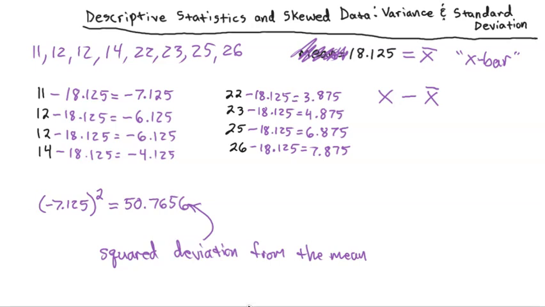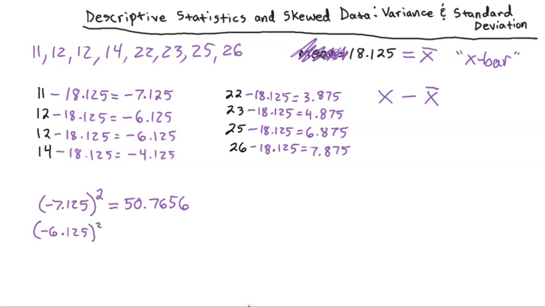Well, now I'm telling you that the squared deviation from the mean for each data point is very important in statistics. So what we're now going to do is take all 8 of the deviations from the mean and square all of them.